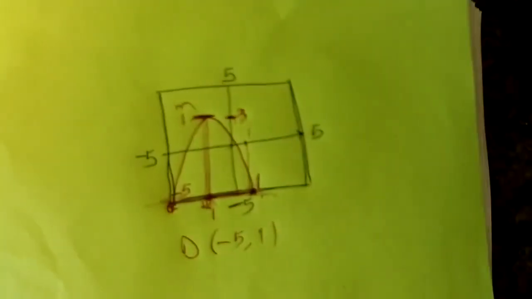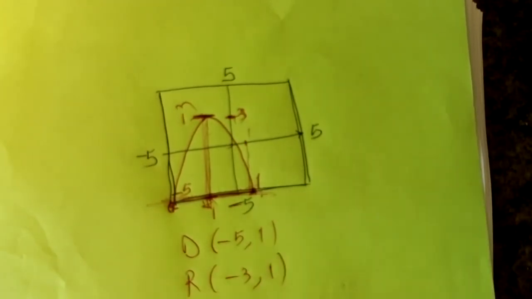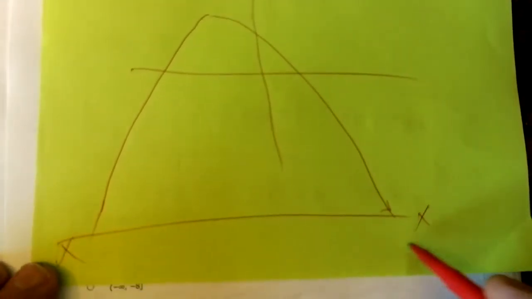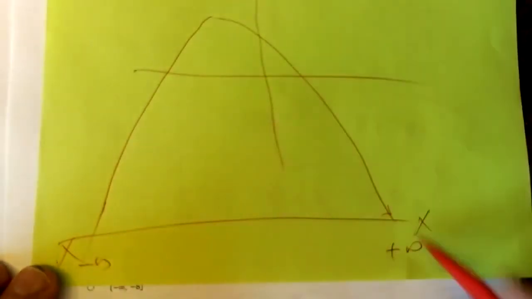That's the range, is the Y value. So the Y value for the range is between negative 3 and 1. When you have a problem like this, X goes all the way from positive infinity to negative infinity.